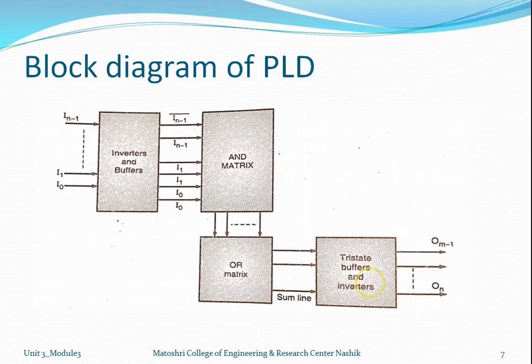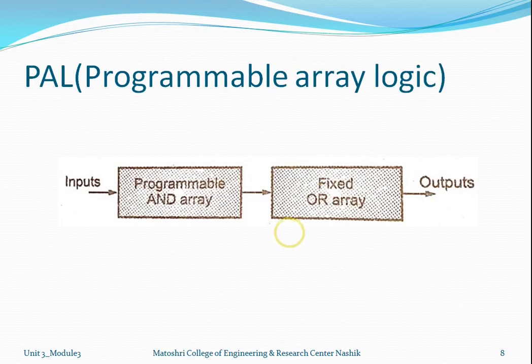Now the programmable array logic, PAL. It is one type of programmable logic device that has a programmable AND array and fixed OR logic gates. This is the programmable AND array and this is the fixed OR array.